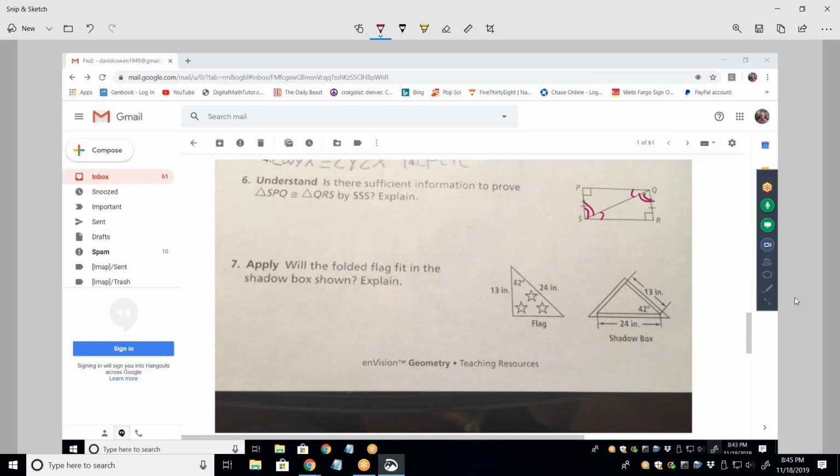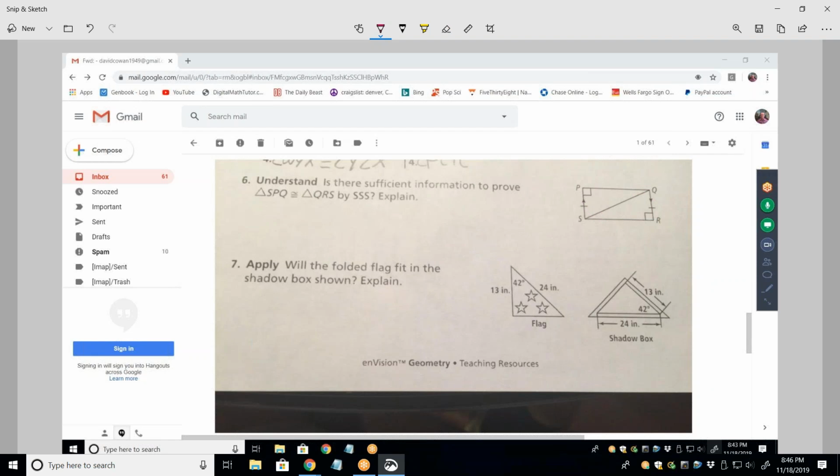Here's the thing. I'm not quite sure what the question is looking for here. First of all, if I can prove that they're congruent, then that also says that all three sides are equal. So I can prove that it's congruent based on angle side angle, and then because it's congruent, all three sides are equal. The question is, do they really want us to prove that it's congruent based on side, side, side?